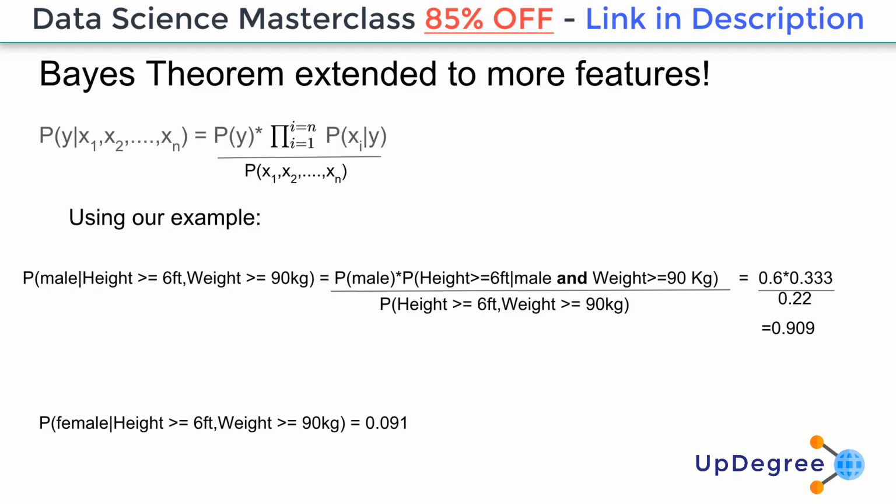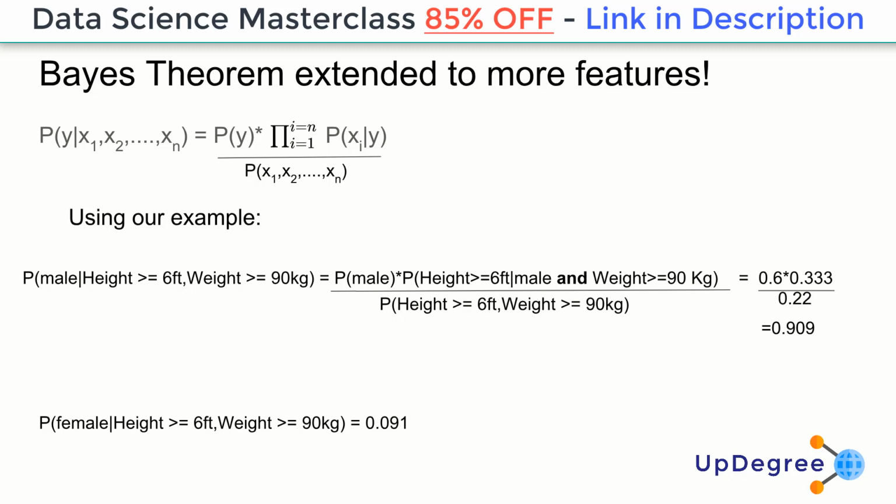So these 20 people fulfill both the conditions, and thus that probability becomes 20 over 60, or 1 by 3, or 0.333. And how many people are more than 6 feet and 90 kilos? Well, there were 20 such people in the male class and 2 such people in the female class, right? So that is 22 by 100, or 0.22.